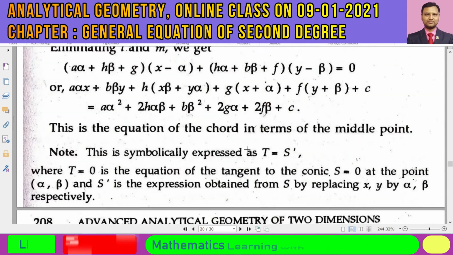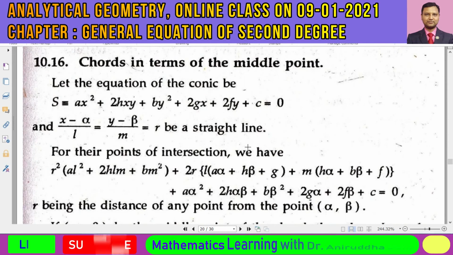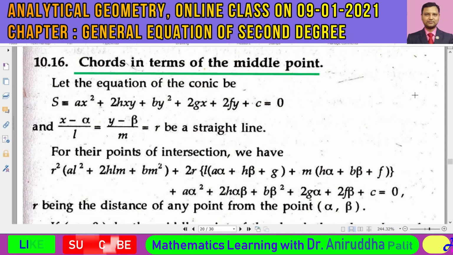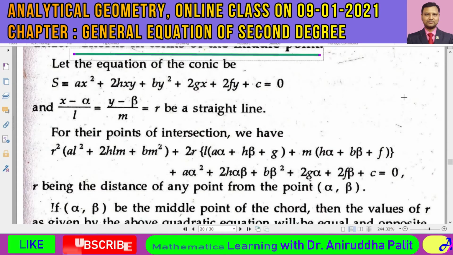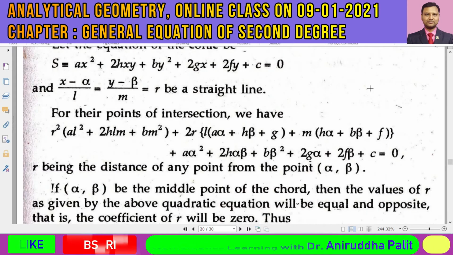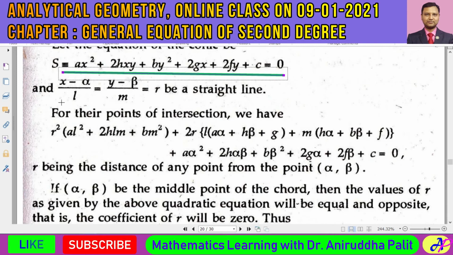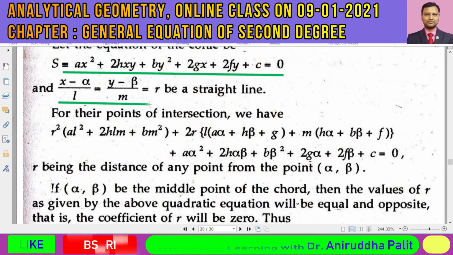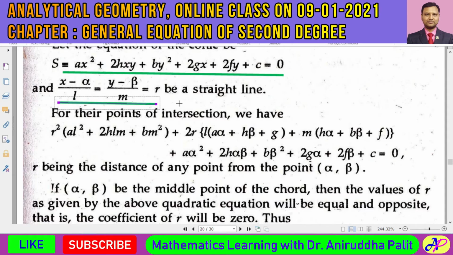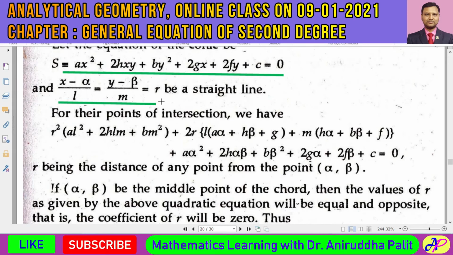So the chord with respect to the middle point, that is written in the previous section. Chord in terms of middle point, let me draw the picture for you. We have a curve S equal to 0, and a straight line written in this form, (x minus alpha) by L equals (y minus beta) by M equals R. I discussed all this in my first or second lecture.